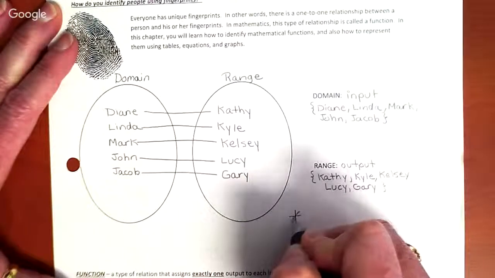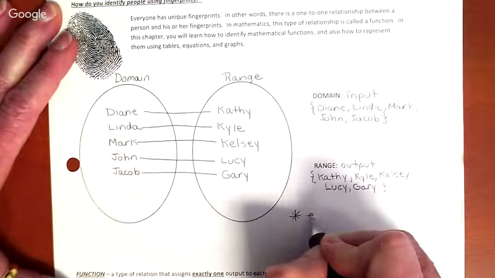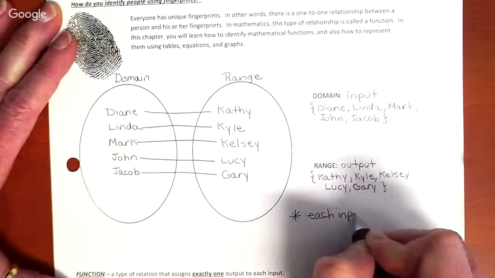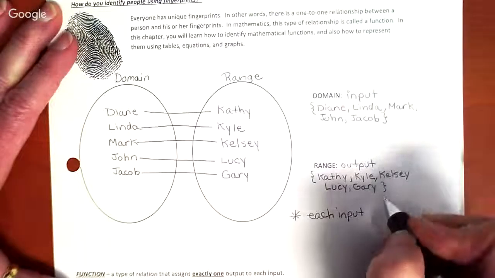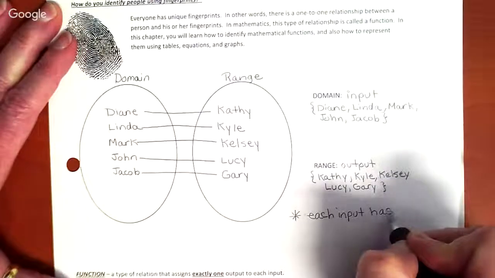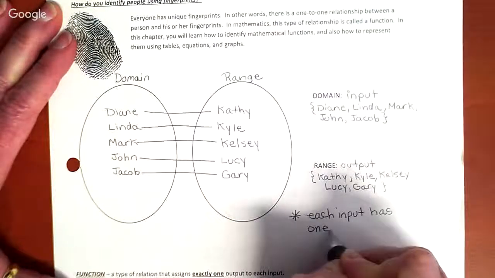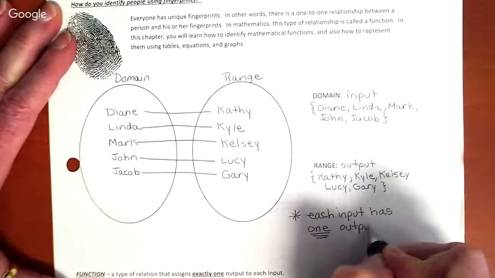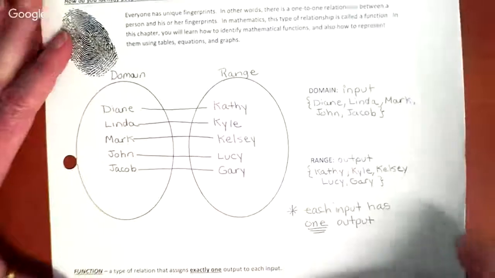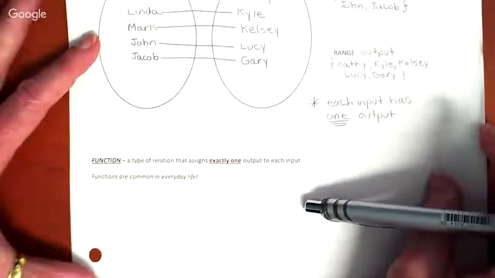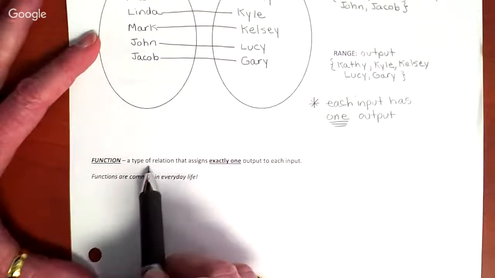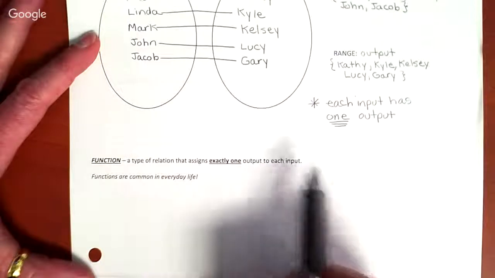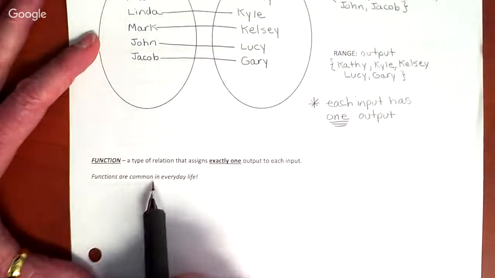So again, we're going to star this and say each input has one, and I'm going to underline this, output, which is very important. And again, we're saying this down here. A function is a type of relation that assigns exactly one output to each input. So functions are common in everyday life.